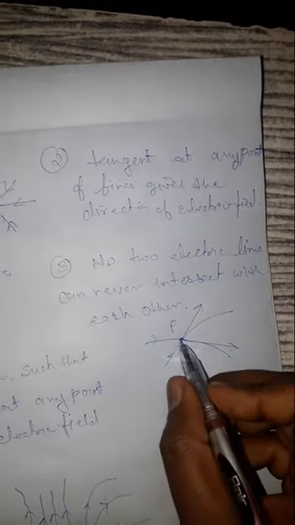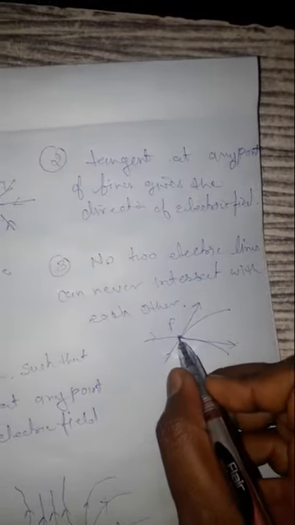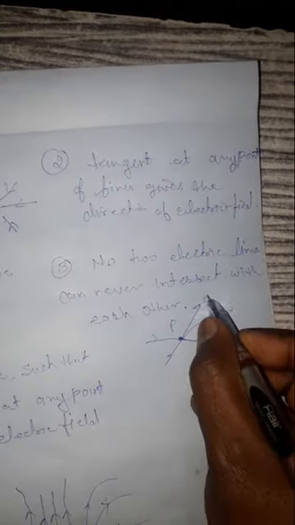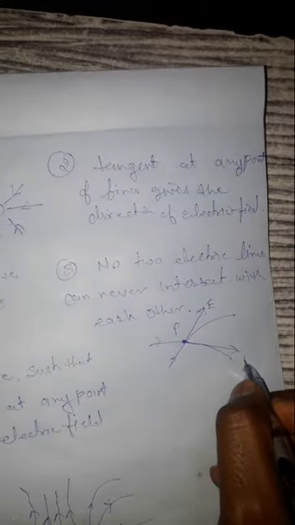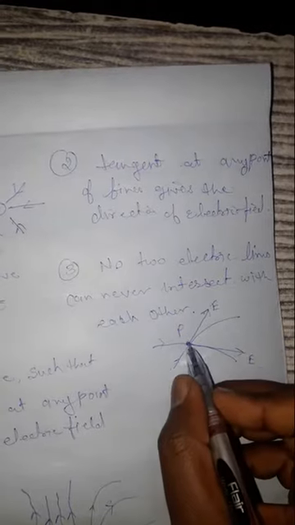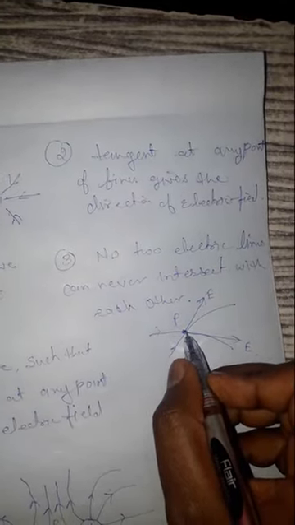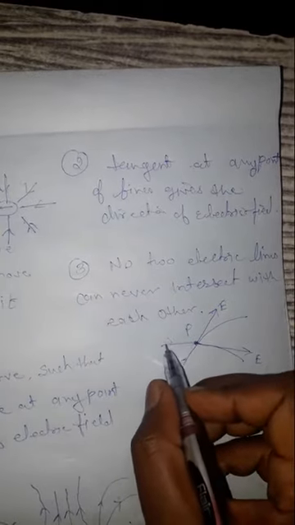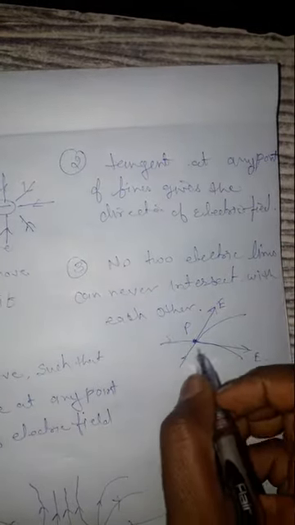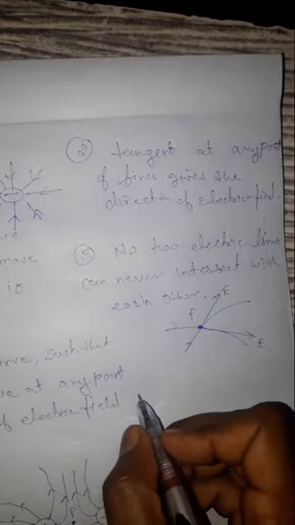So at the point of intersection there are two directions of electric field, but at a single point there is no possible two directions of electric field, so no two electric lines can intersect with each other.